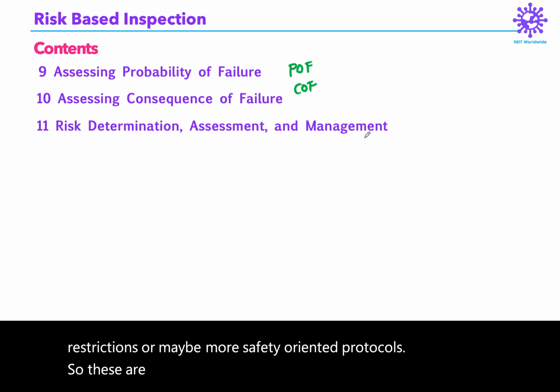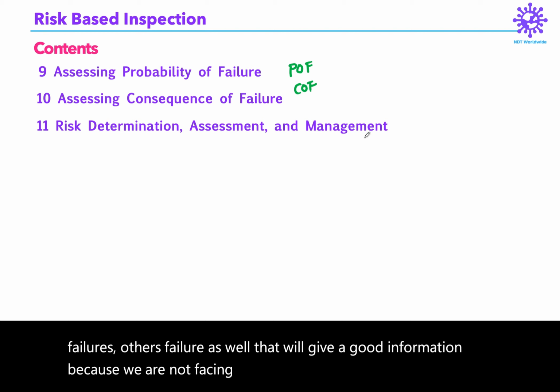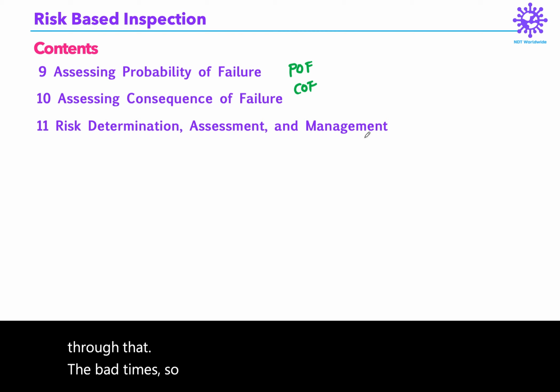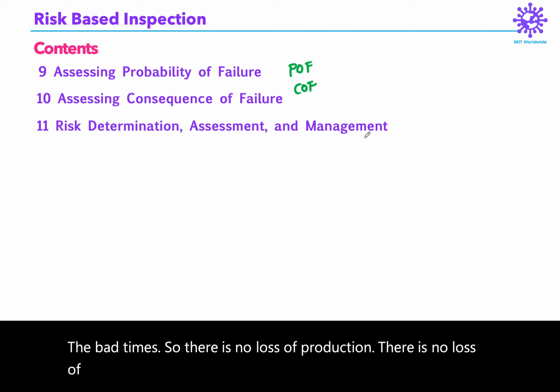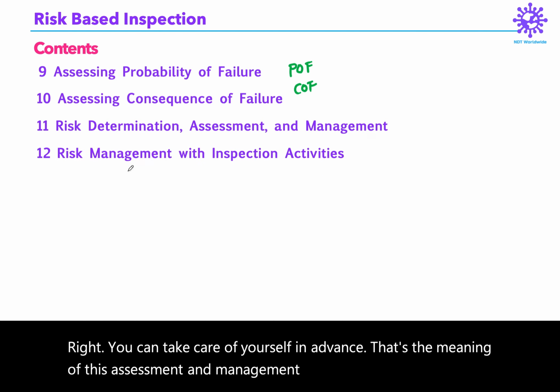These are the lessons that we can learn from others' failures as well. That gives good information, because we are not facing the problem and not going through those bad times. So there is no loss of production, no loss of containment, and no reputation damage. You can take care of yourself in advance. That's the meaning of this assessment and management, and mitigation.